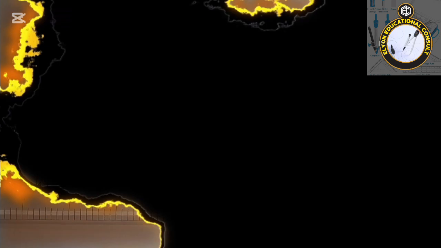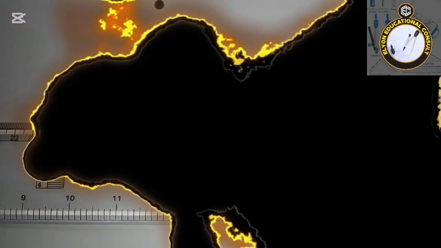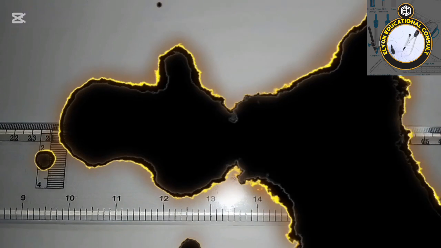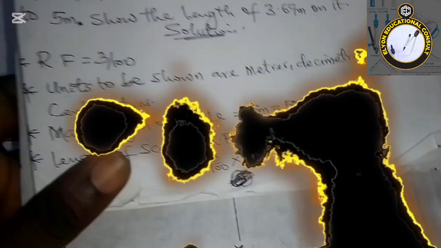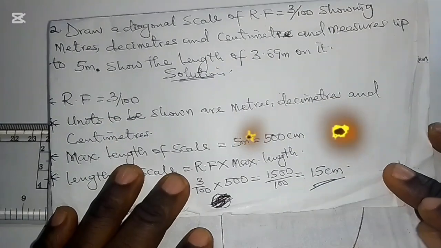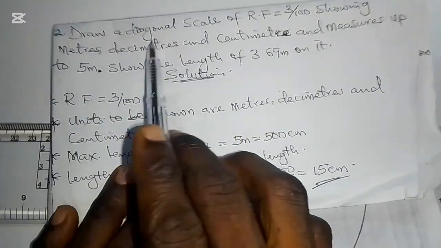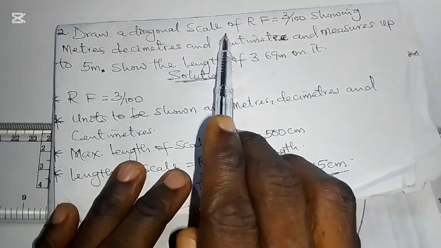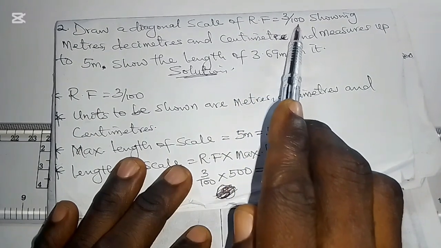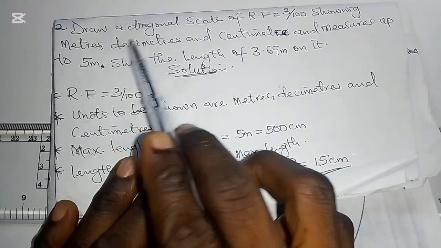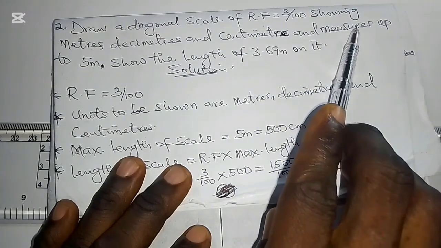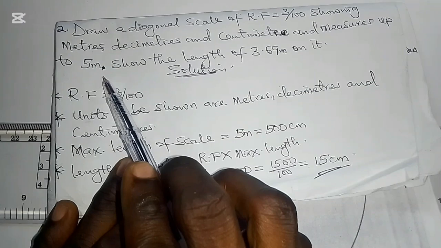In this video we'll be treating a question on diagonal scale. We have a question here on diagonal scale which I want us to look at together. The question says, draw a diagonal scale of representative fraction 3/10 showing meters, decimeters and centimeter and measures up to 5 meters.